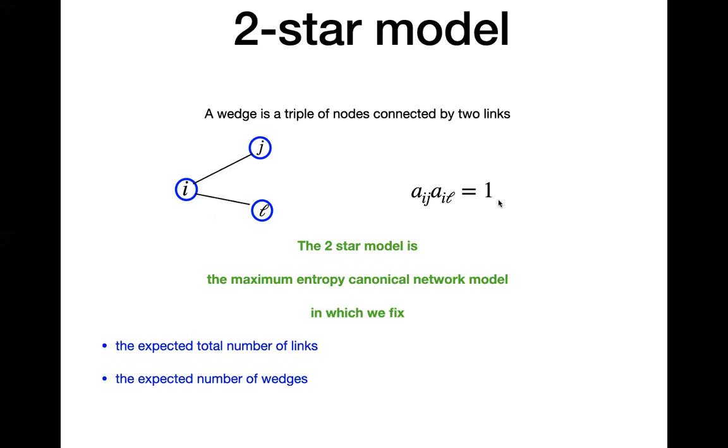Okay, so you want a star in which i is the same here. So in the two-star model, what you want is to fix in the canonical ensemble the expected total number of links, which is a linear constraint, but also the expected number of wedges, which is a nonlinear constraint because it goes like the adjacency matrix squared.